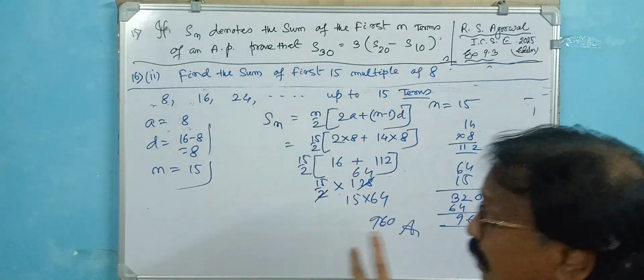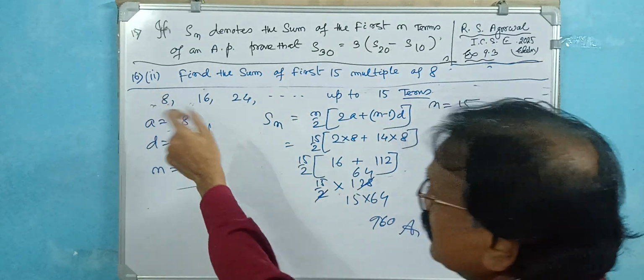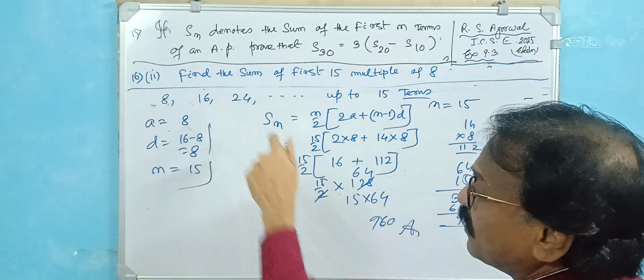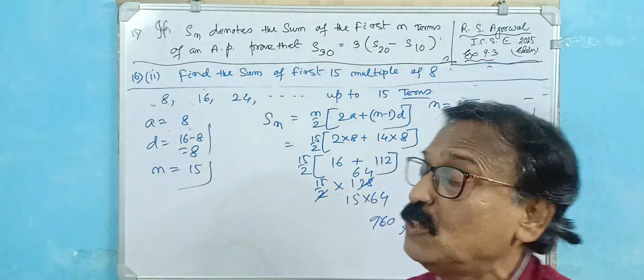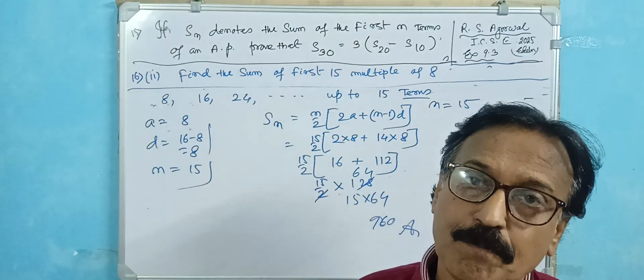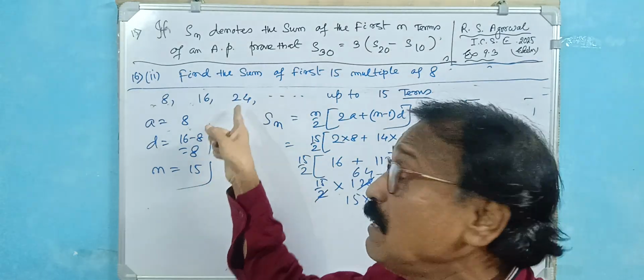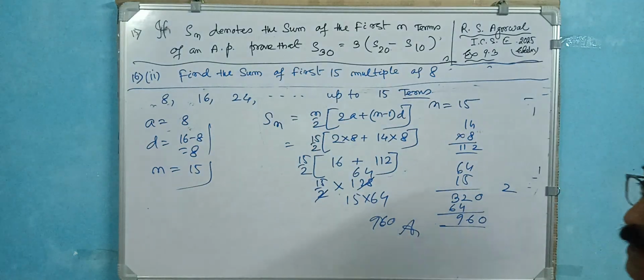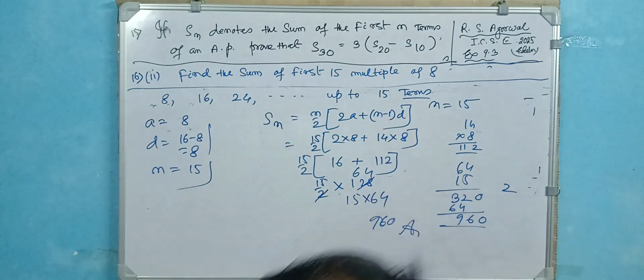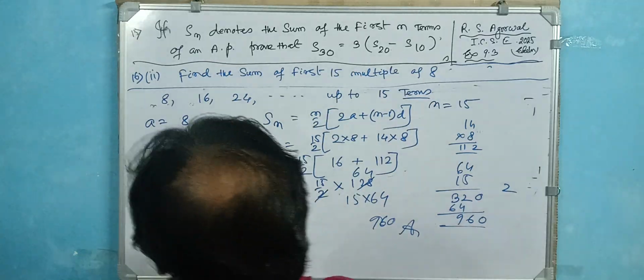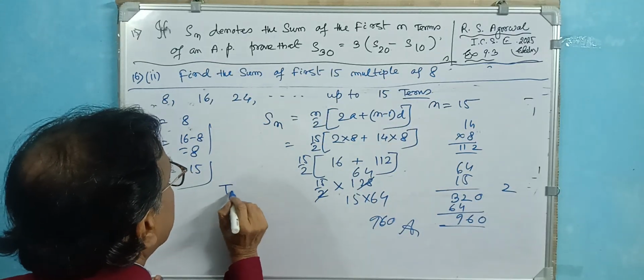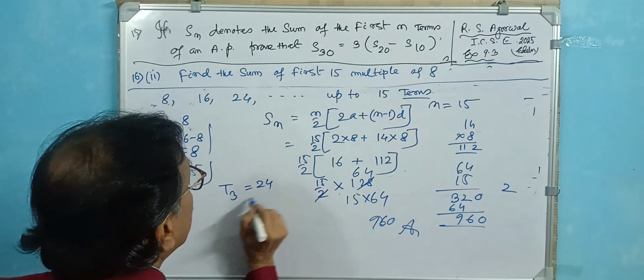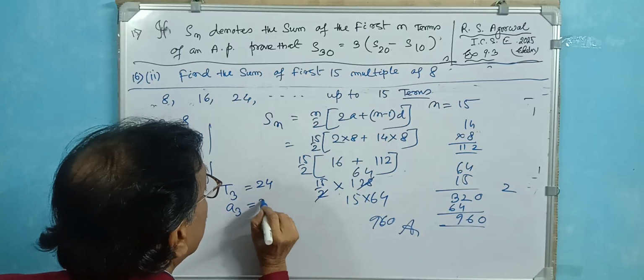Clear? The concept must be clear. What is the value of the first term? 8. What is the value of the second term? 16. What is the value of the third term? 24. 24 is the value of the particular third term. But here is the basic difference. This 24 is actually T3. T3 is 24, or A3 is 24.